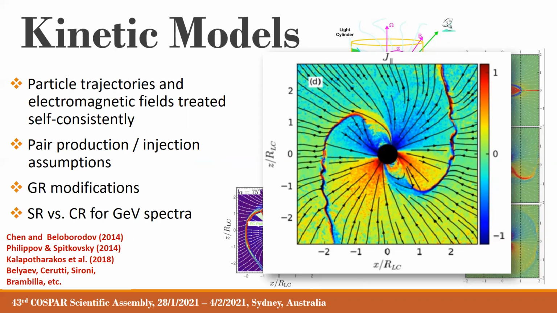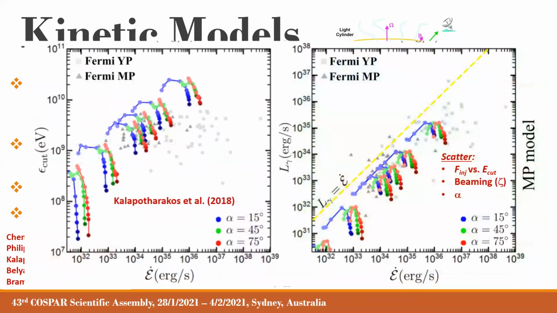And in some of these, we have GR modifications. And some of these models actually invoke synchrotron emission from the current sheet and not curvature radiation for the GeV spectra explanation. And there's still an ongoing debate whether it is actually the traditional CR or maybe if it is SR or maybe if it is synchrocurvature. So this is ongoing research.